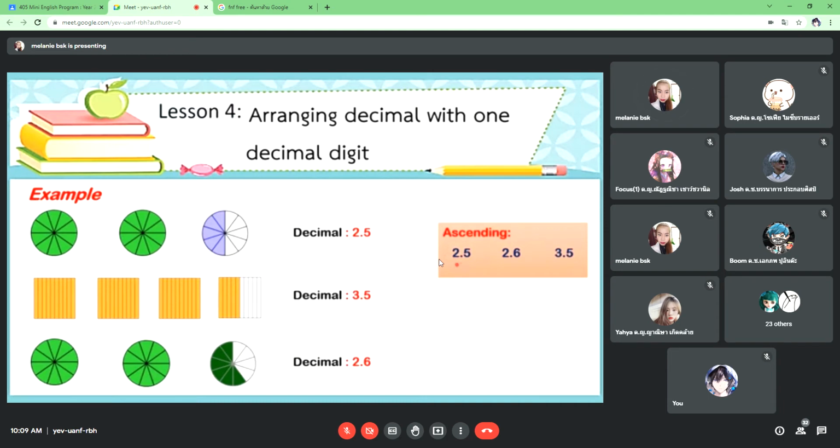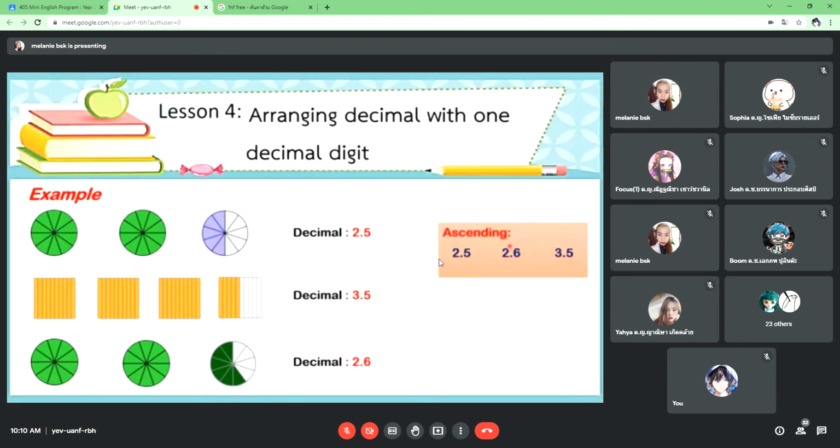You can see this is the lowest number, 2.5. Then the next one is 2.6 and the last one is 3.5. The number is increasing. The number is going up.